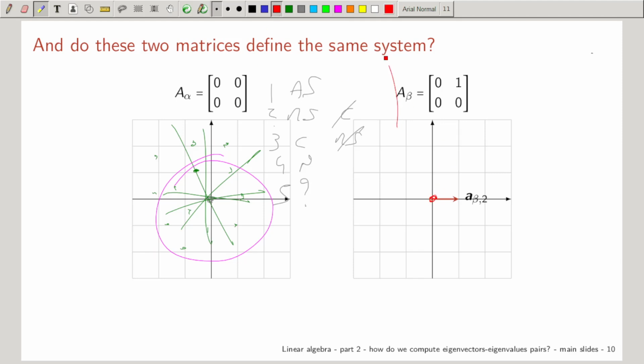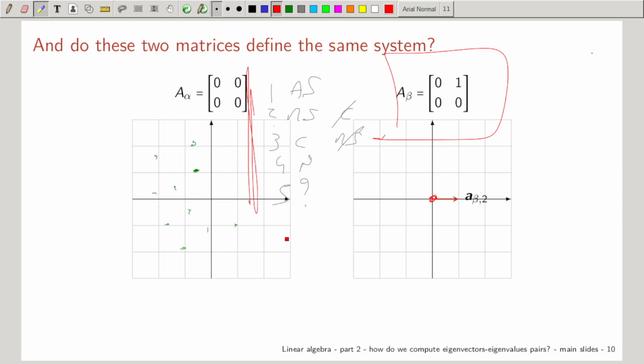This point here, for this system here, how is it? Discuss.